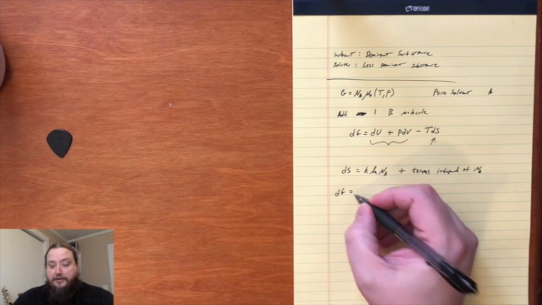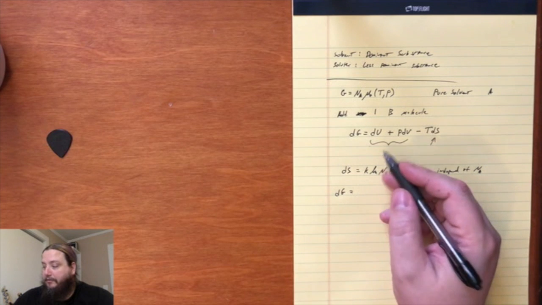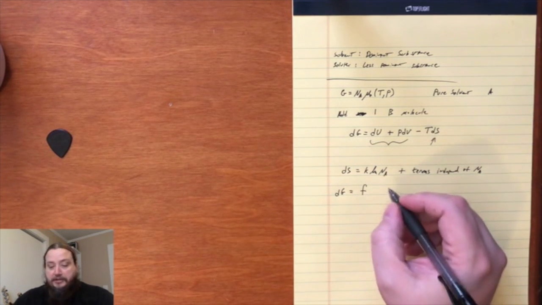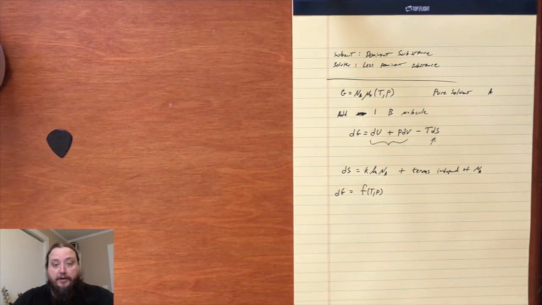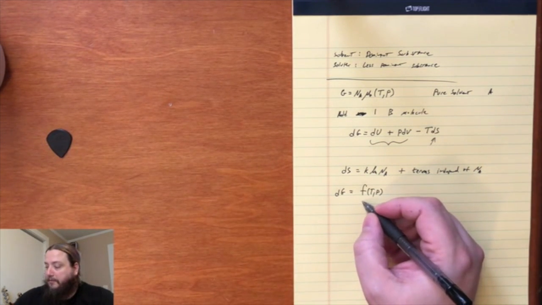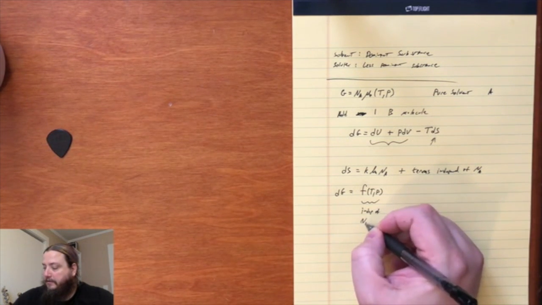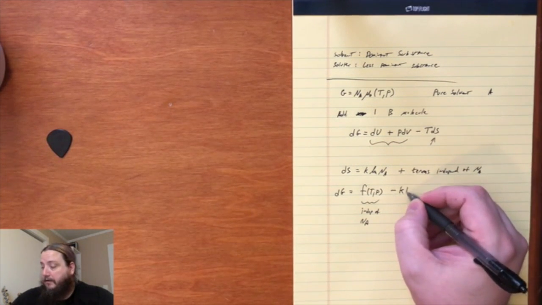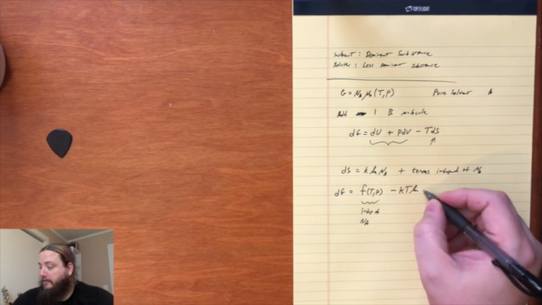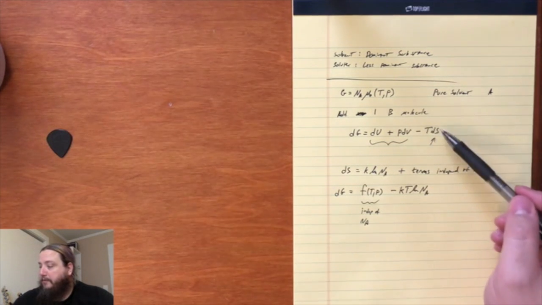So we could write the change in the Gibbs free energy by adding a single particle, or a single molecule of the solute, as some function, again, of just the temperature and the pressure, independent of the number of solvent molecules, so independent of Na, minus an explicit dependence kT times the logarithm of Na, where this T here comes from the T dS.